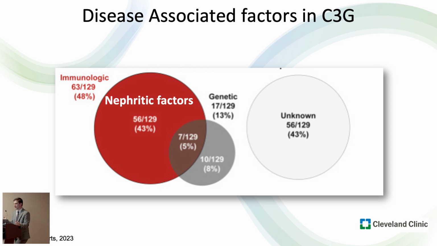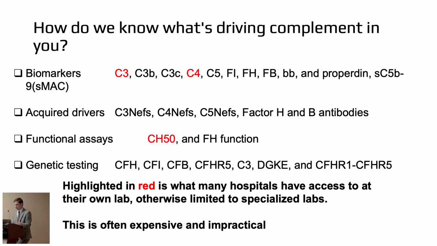And we don't know, is that a kidney problem? Is that an autoimmune or immunologic problem? It's not clear. So how do we know as clinicians what's driving this? Again, this is a lot of detail and a lot of numbers and jargon, but the point is there's a whole host of different lab tests, genetic tests, and markers we can assess to try and get a sense of how turned on your complement system is and at what points it is turned on the most.